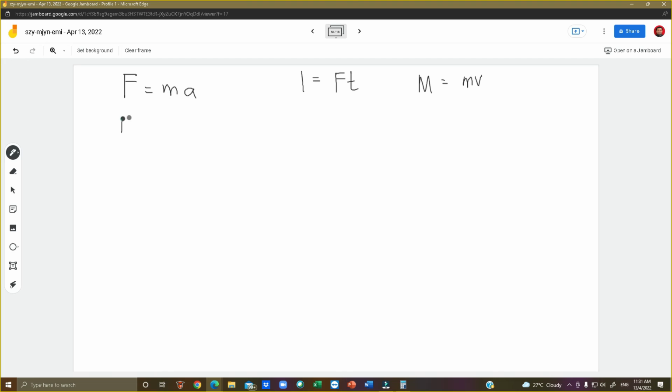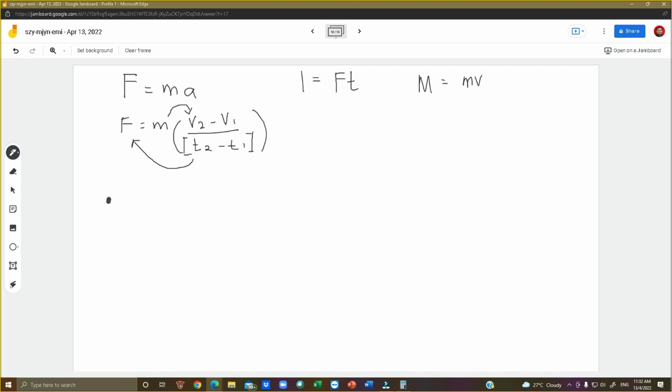So we go F equals to m a. Ni, we are going to write it up in a full form: v2 minus v1 over t2 minus t1. Okay, itu yang pertama. Yang kedua, we are going to shift the right hand side equation to left hand side, and we are going to multiply the out of the box with the inbox.